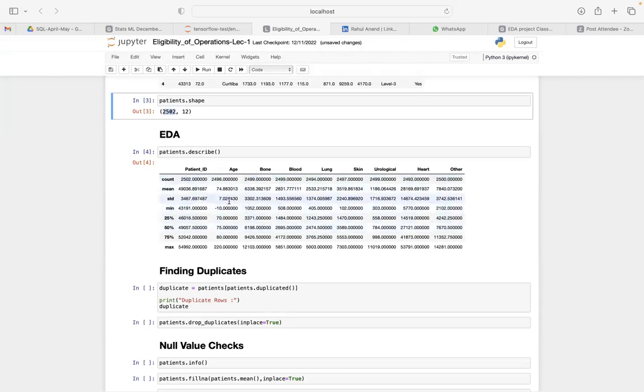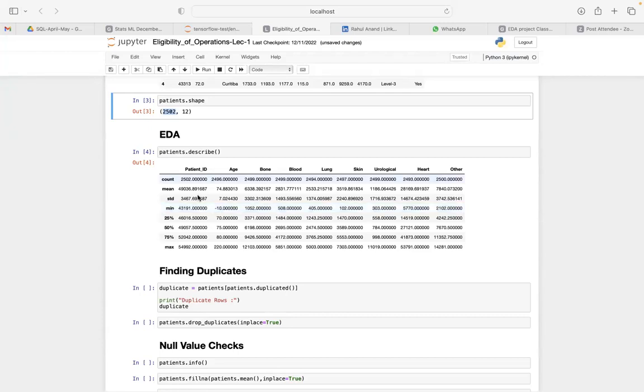Ignore the patient ID, even though it's numerical, because we won't use patient ID as a variable. We never use an ID column, never ever, as an independent or dependent variable. It is just used as an index value.